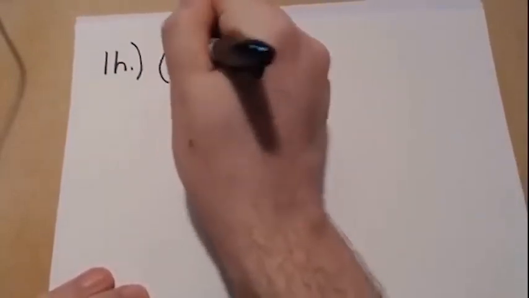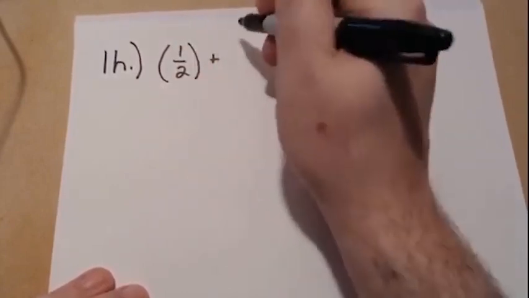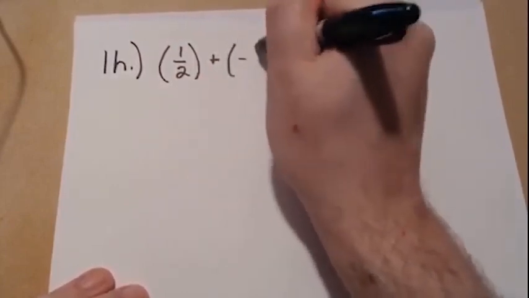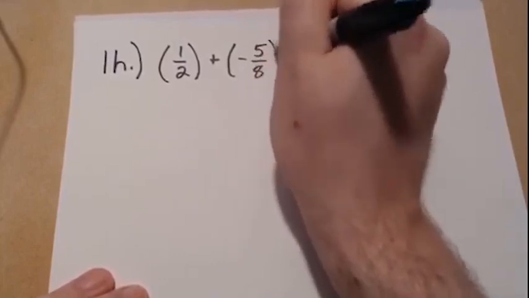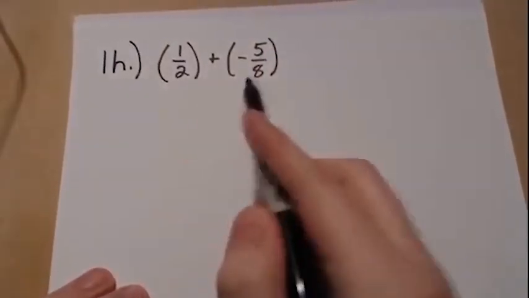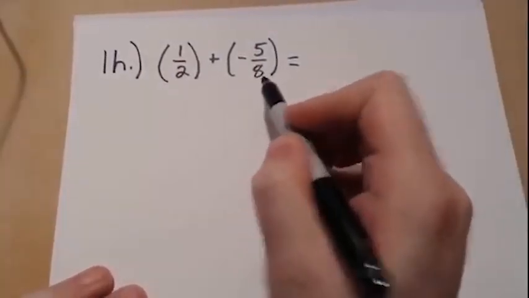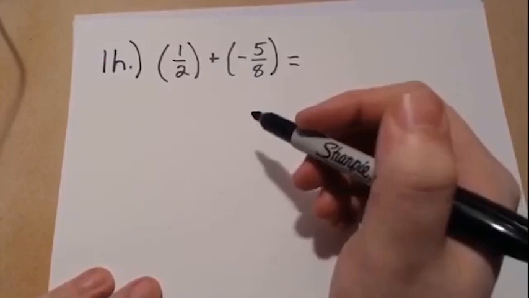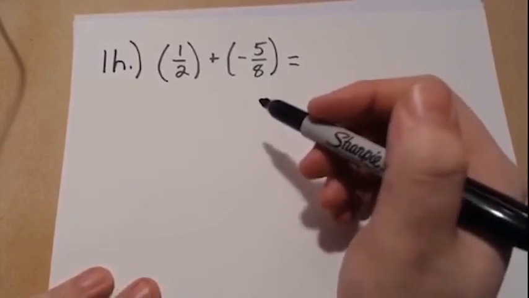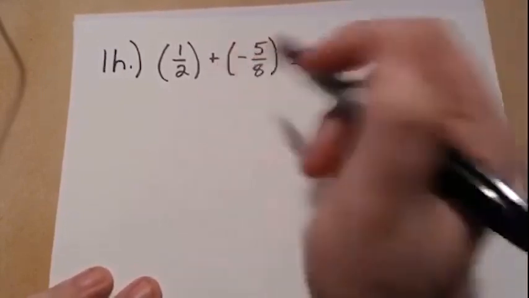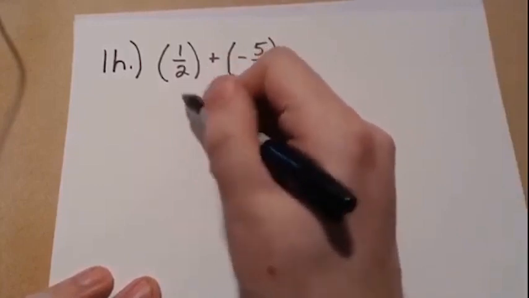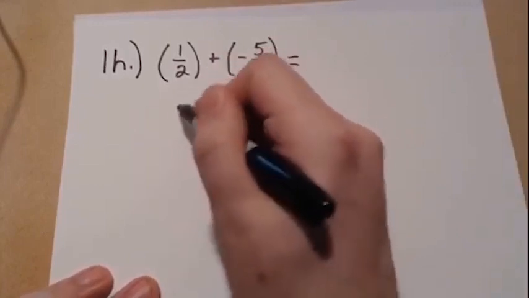And 1H. We have the fractions positive 1/2 plus negative 5/8. Our absolute values are 1/2 and positive 5/8. If we subtract these, well, first let's take a common denominator.